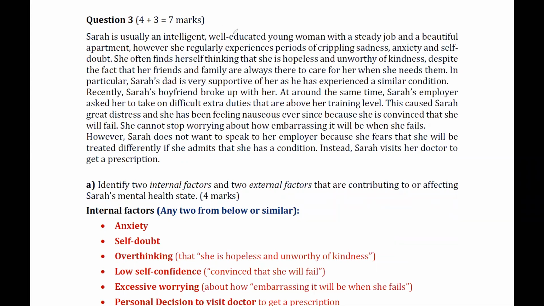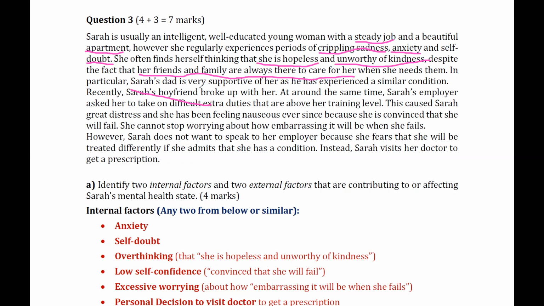So Sarah is usually an intelligent, well-educated young woman with a steady job and a beautiful apartment. However, she regularly experiences periods of crippling sadness, anxiety, and self-doubt. She often finds herself thinking that she is hopeless and unworthy of kindness, despite the fact that her friends and family are always there to care for her. In particular, Sarah's dad is very supportive.